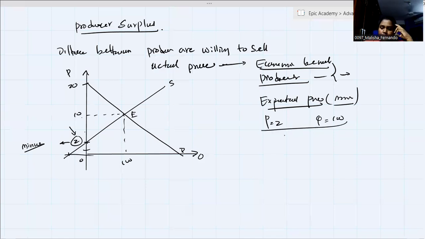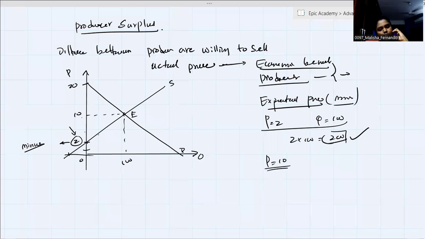So now we can identify the expected income, expected revenue. 2 multiplied by 100. So he expected 200 revenue. But actually, considering the demand situation with this supply situation, the actual price becomes 10 rupees.